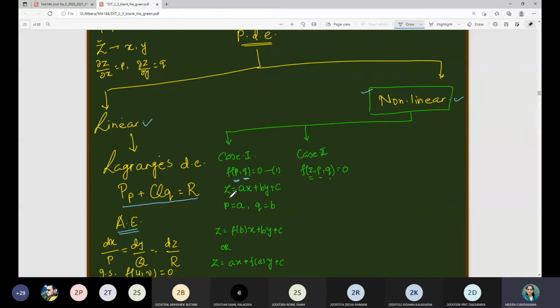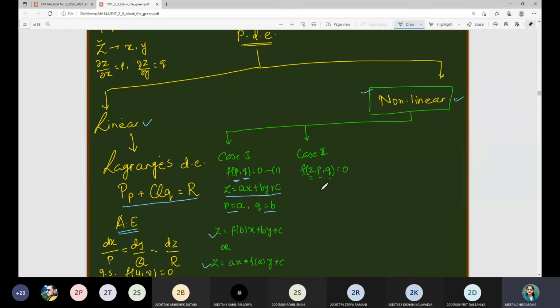In that case, we assume that z is equal to ax plus by plus c is the solution, and from that, when you take the partial derivatives, p is equal to a and q is equal to b. Then from these two expressions, you are able to obtain one constant in terms of the other, right? So in that case, either of these will be the solution.